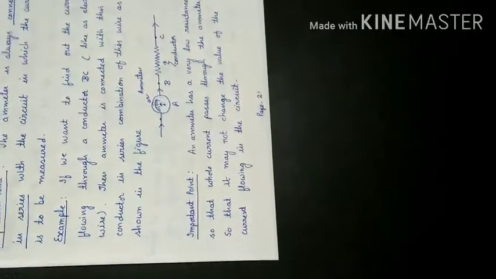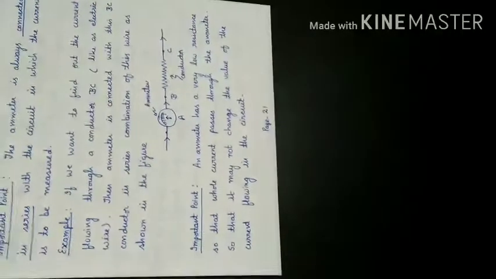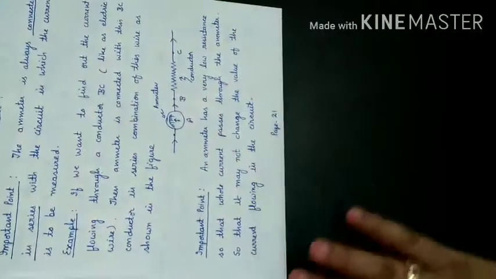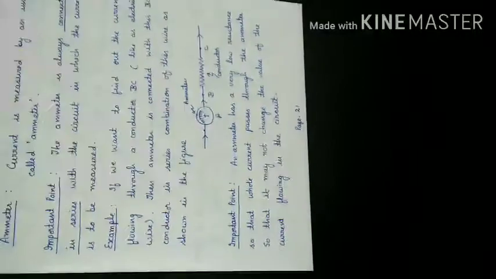So why is the ammeter connected in series? Because the whole current should pass through the conductor so that we can get the exact value of the amount of current flowing through the circuit.